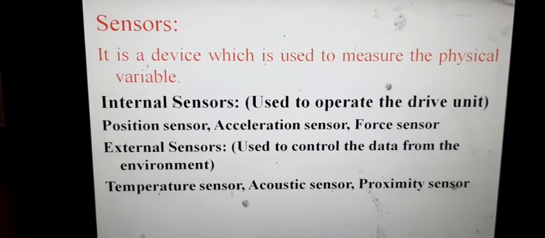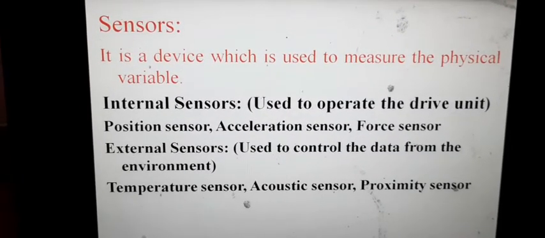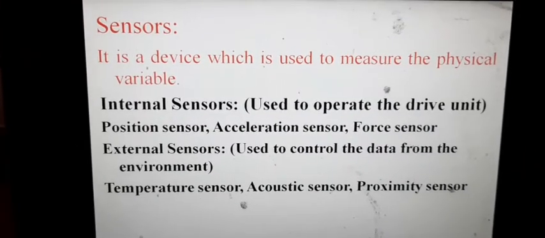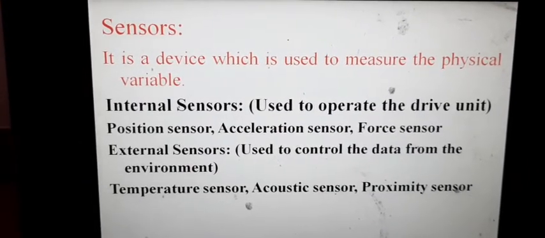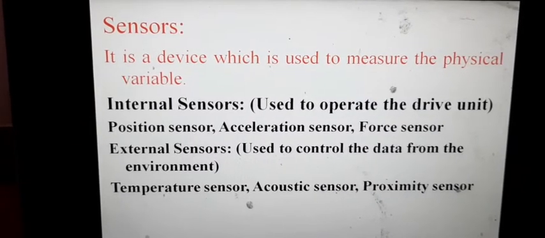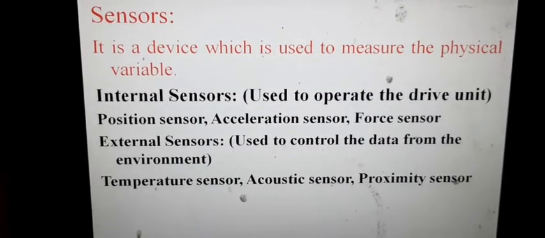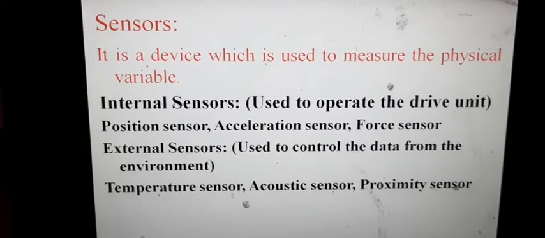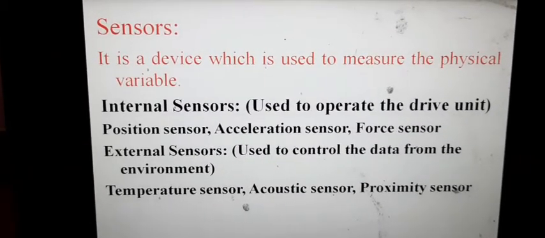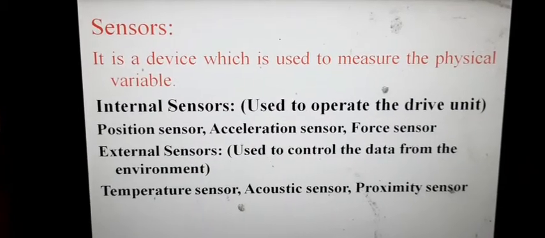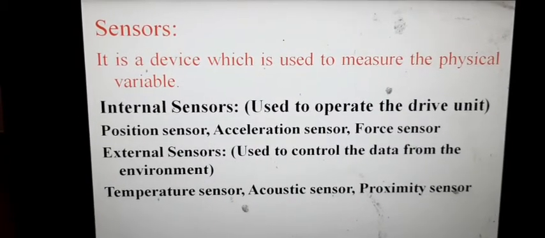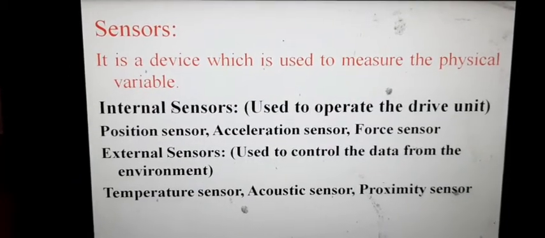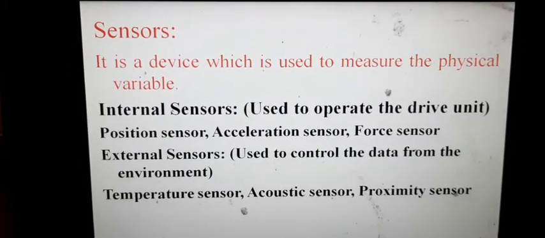For example, to measure the vibration of a plate, to measure the plate acceleration, we glue an acceleration sensor, which we call an accelerometer, to the plate and it measures the plate acceleration. So this is an integral part of the object of which we are collecting the data. These are examples of internal sensors.